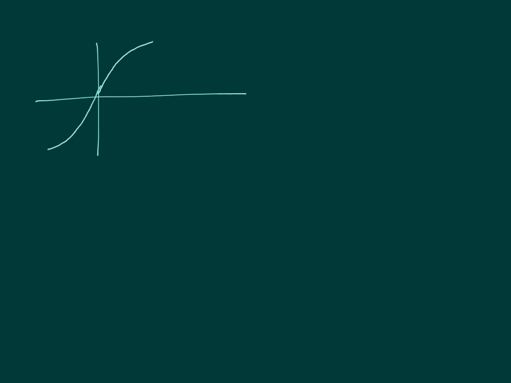Now, inverses we know are reflected on the line y equals x. So that is the kind of diagonal line through the origin, sort of bisecting almost the coordinate axes there. And we reflect our function along that line.